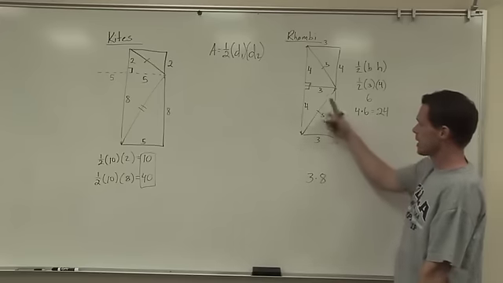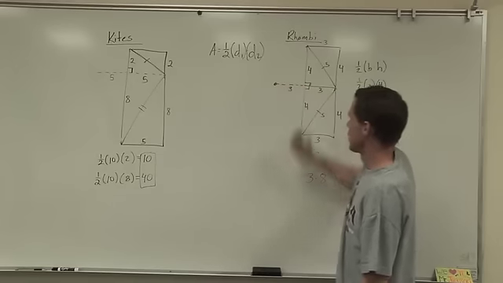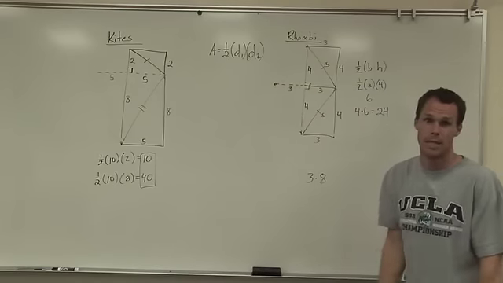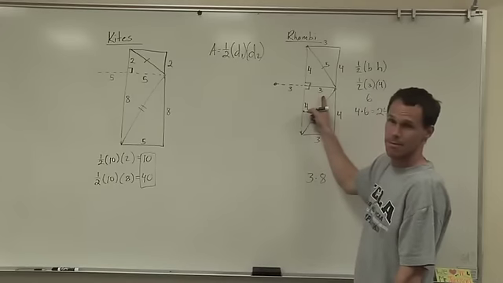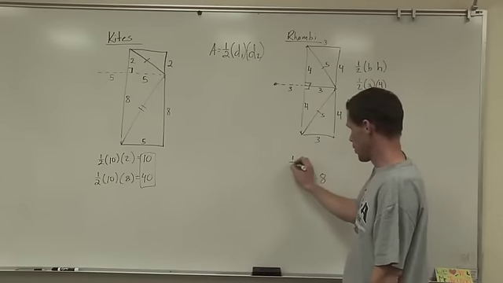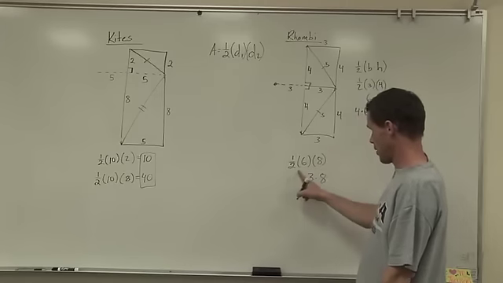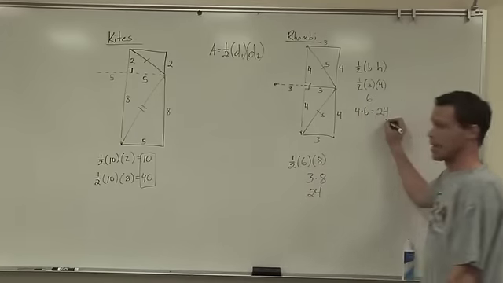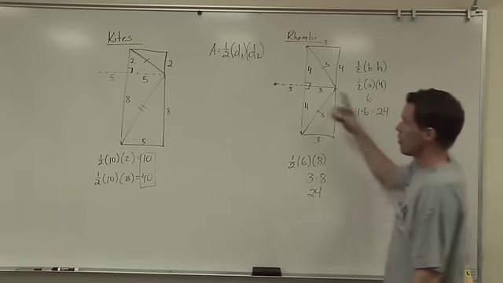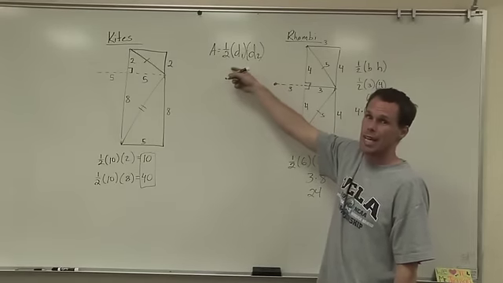Well, what I'm noticing is that 3 is half of what that diagonal used to be. That diagonal used to be 6. So if I did 1/2 of 6 times 8, I would get 3 times 8, which would give me 24. The answer. So it looks like this formula held true again.